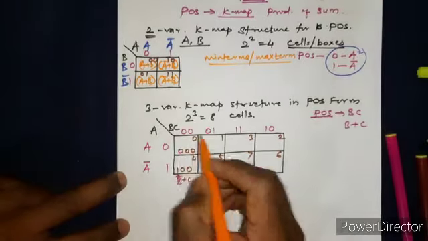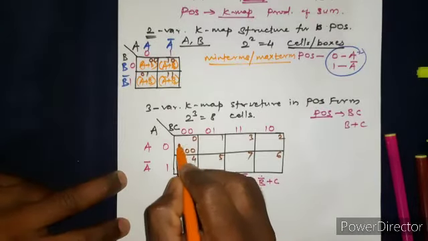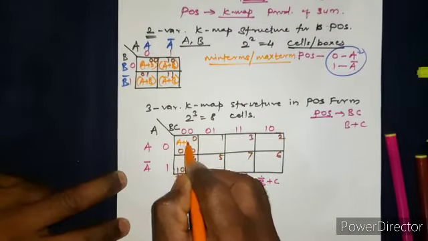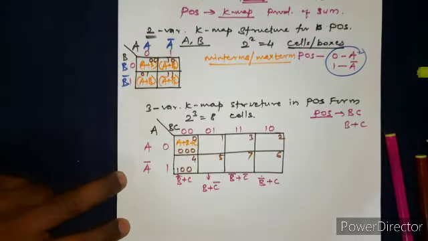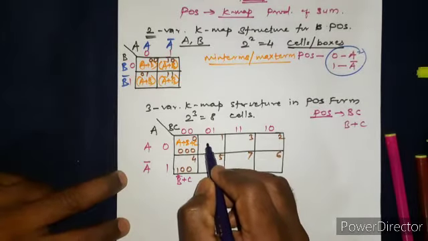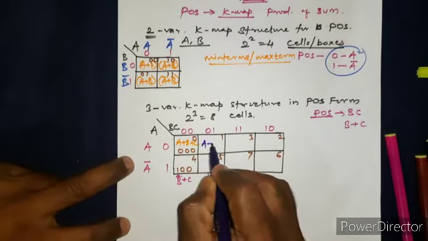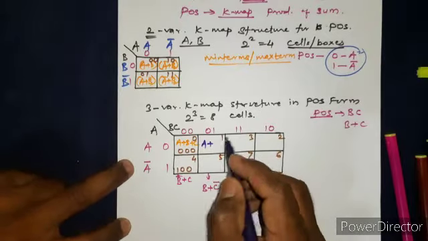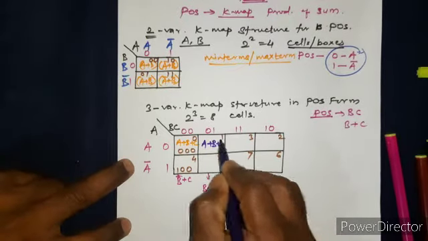Then we can put here A plus B plus C. If it's not visible with this color, then we can write here A plus B plus C bar.